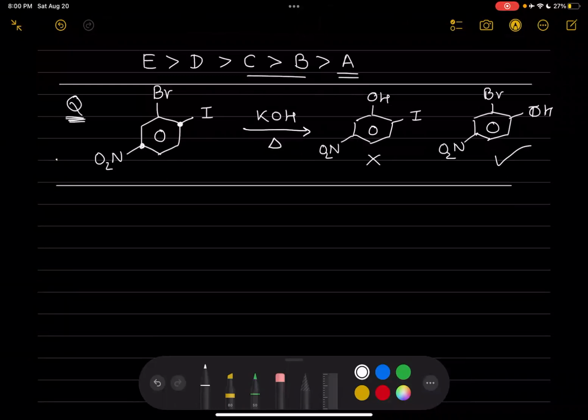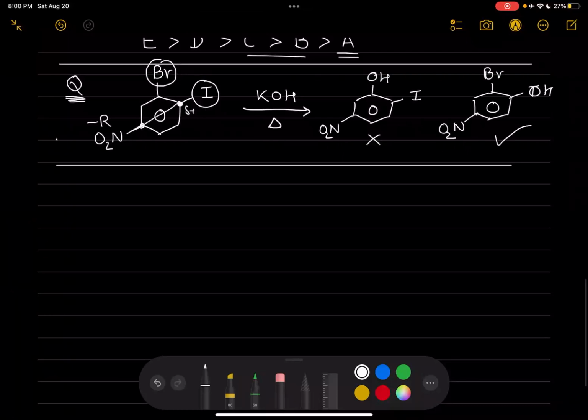So you need to look at the group which is actually activated, and how activated, for nucleophilic aromatic substitution. You need to look at the group which is exerting the minus R effect, resonance, and that's how it is bringing positive charge. And that will help you to decide which one will react, which one will not react.